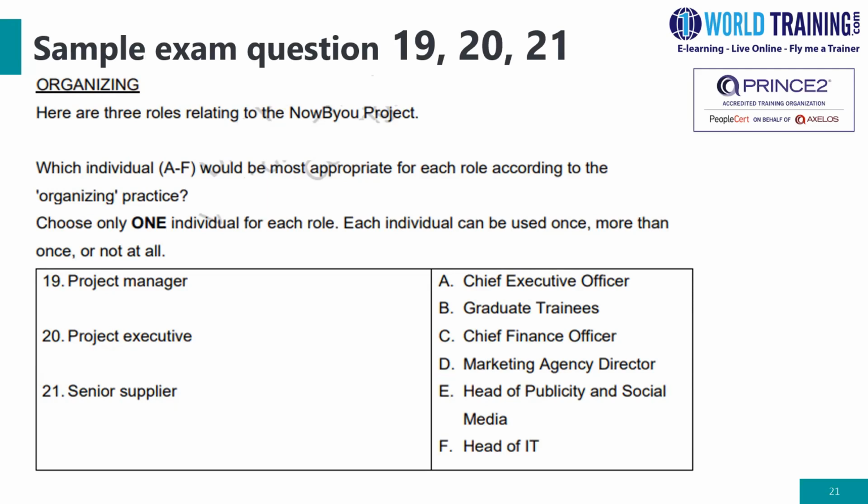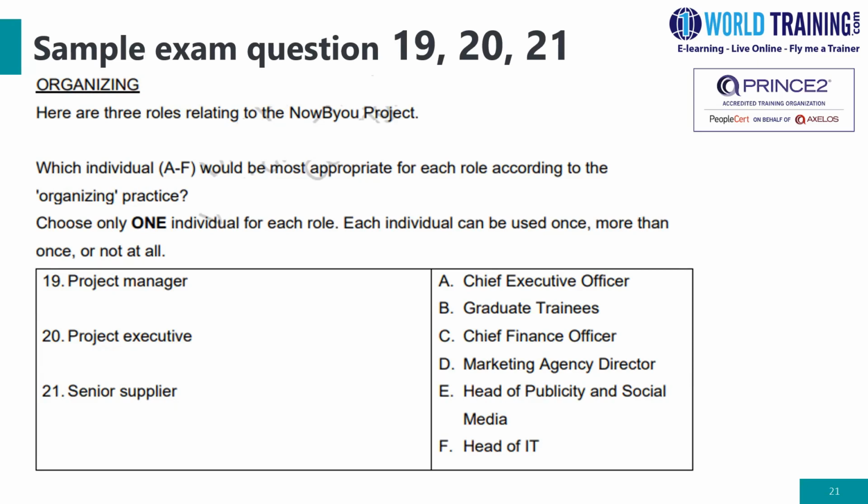All have received PRINCE2 training. So according to the organizing practice, project managers are responsible for day-to-day management of a project. This includes the need to ensure that the project risks are being identified, assessed, and controlled throughout the project. So the answer for 19 is B.